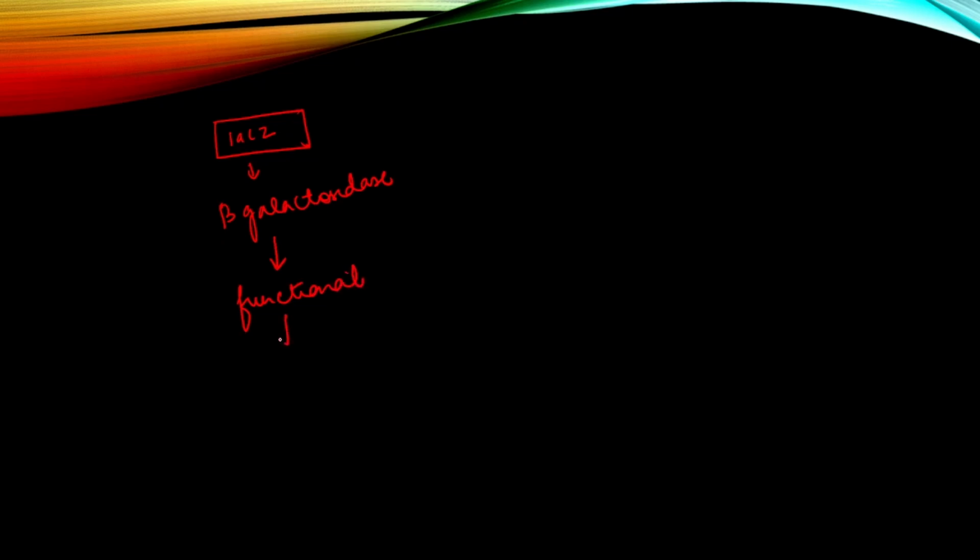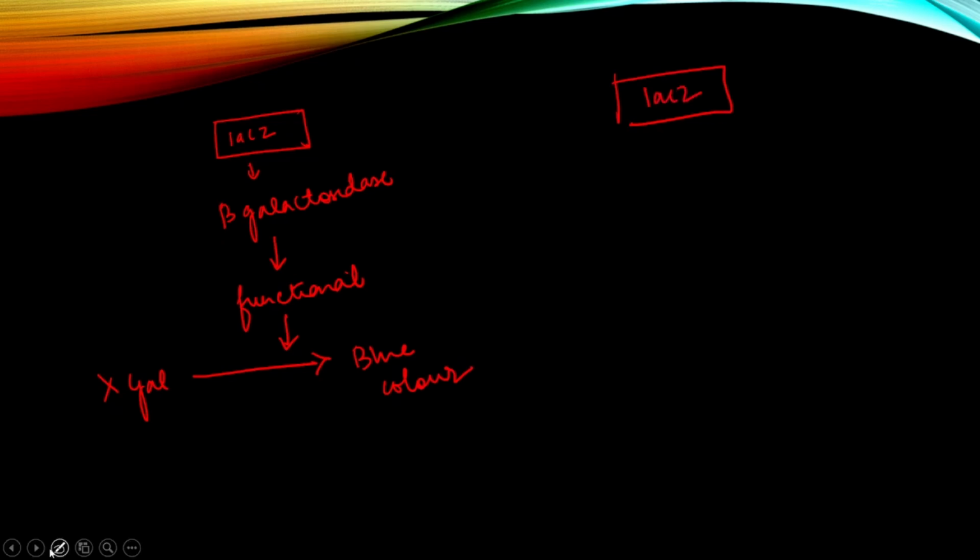As this is functional, with X-gal it will give a blue color, right? Now here we have inserted a gene. This is a new gene. So what will happen? The gene becomes non-functional.